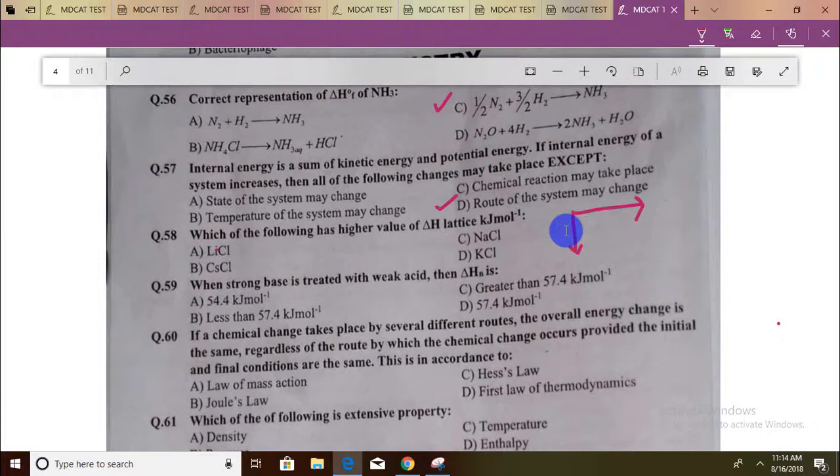Sodium is in the third period, lithium is in the second, and potassium is in the fourth. So comparatively speaking, again, it's pretty obvious that lithium fluoride will have the higher lattice enthalpy because it's topmost, and as such has the smallest size, and they all have the same charge. That is a constant, so it will have the highest lattice enthalpy.